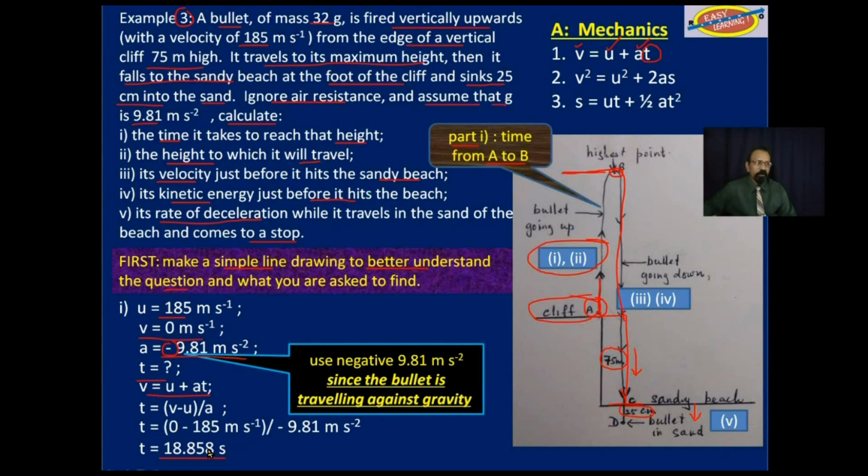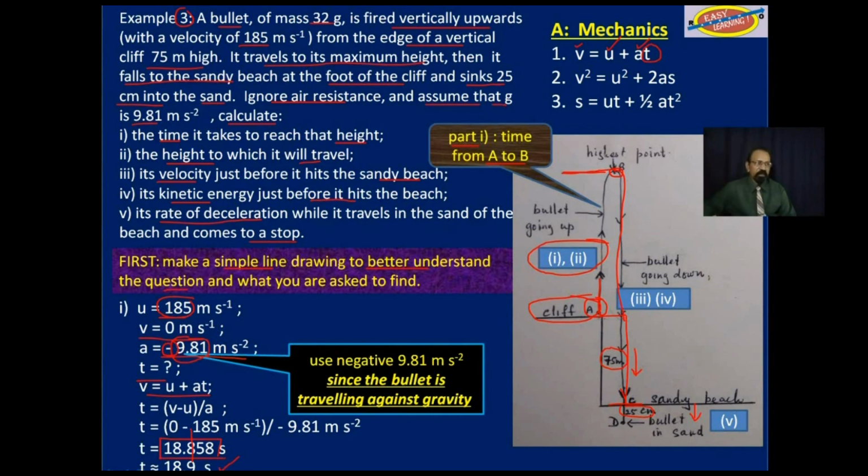By now you know that you cannot leave it as that. We have too many significant figures. The numbers we are given have three significant figures, 185 and 9.81. So we will have to round off to three significant figures, which will be where this 8 is. So that will give us a time of 18.9 seconds, and that should suffice for CSEC.